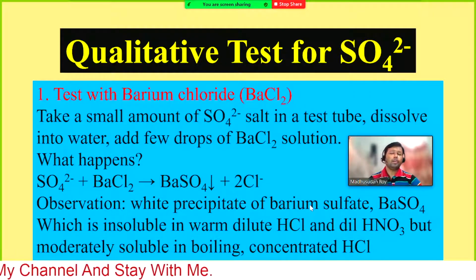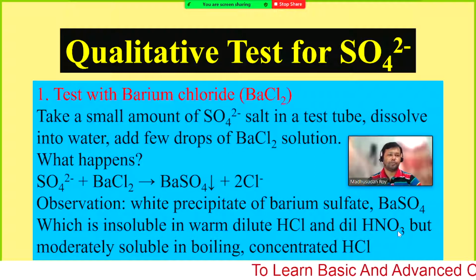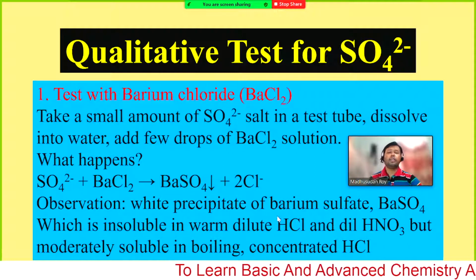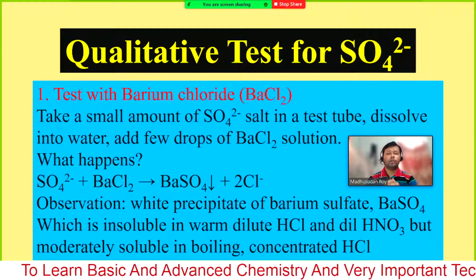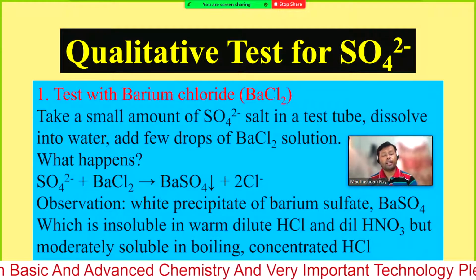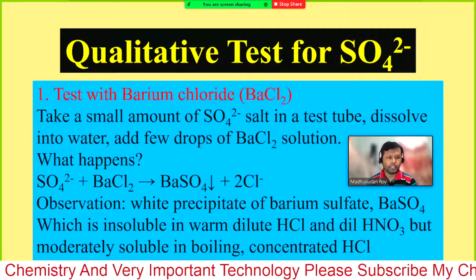However, we can investigate a little further. The white precipitate of barium sulfate is insoluble in warm dilute hydrochloric acid or nitric acid. That means if you add a little warm hydrochloric acid or nitric acid, that should be dilute but not concentrated.